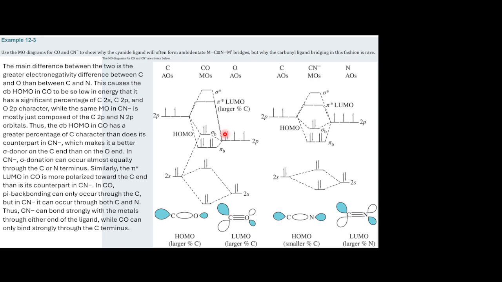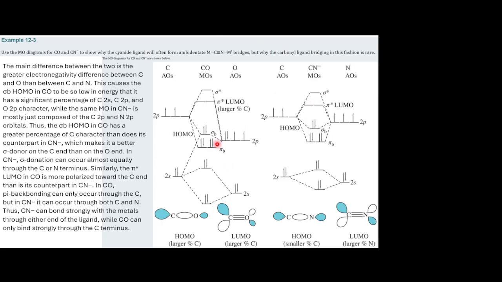Where you have something very different electronegativity-wise, the high energy ones will have more of the less electronegative atom. The more electronegative one will always be closer to the lower energy orbitals that were mixed to make it. The smaller the difference, the more even the mixing will be for all of them. This will still have more carbon than nitrogen up here, just not anywhere near as much as the oxygen would. Is that making some sense?